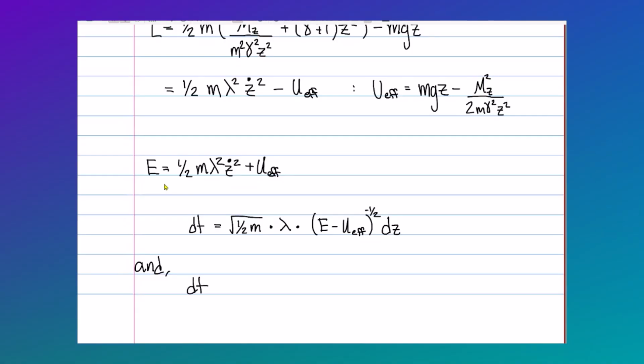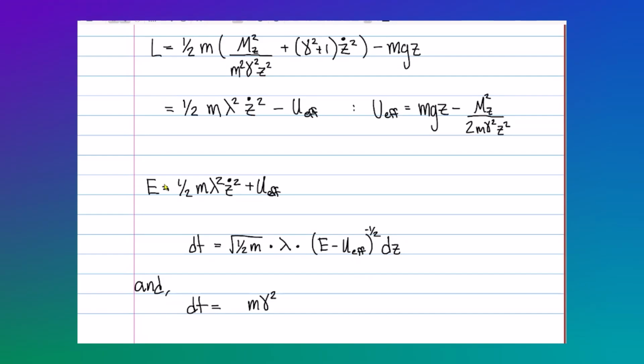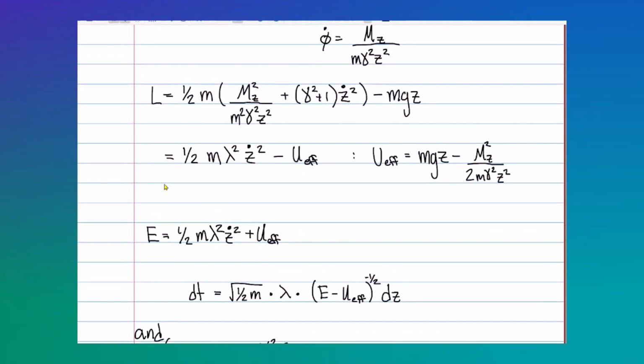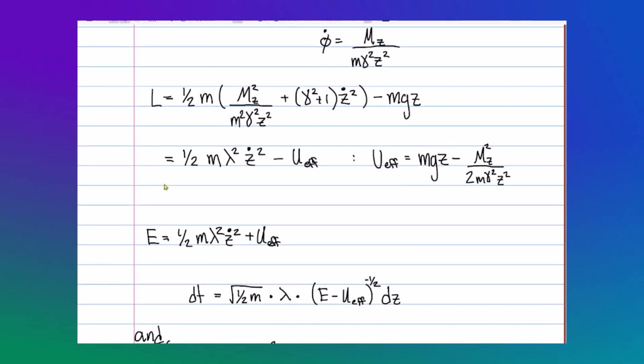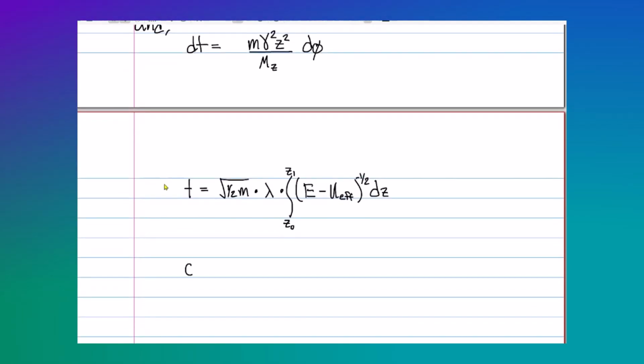Similarly, using our conservation of momentum, we can write dt in terms of d phi and now we can integrate to get t in terms of z, an integral over z, and we'll also be able to arrive at an integral for phi in terms of an integral over z.